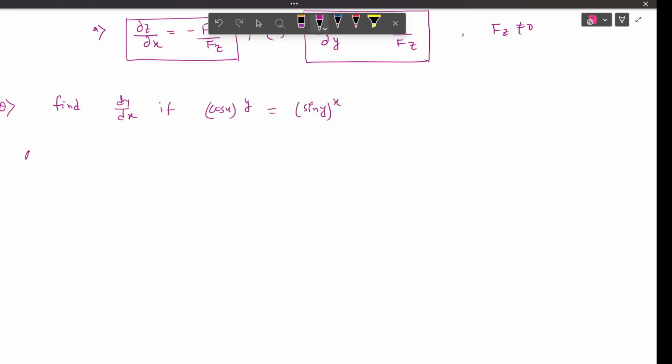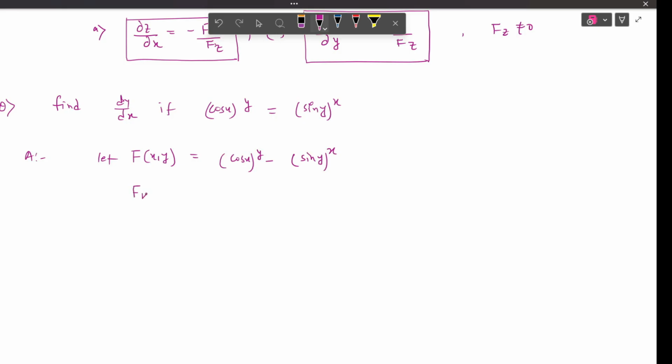Okay, so see, this is cos x to the power y minus sin y to the power x, which should be 0. So we can say that let f of x comma y be cos x to the power y minus sin y to the power x.